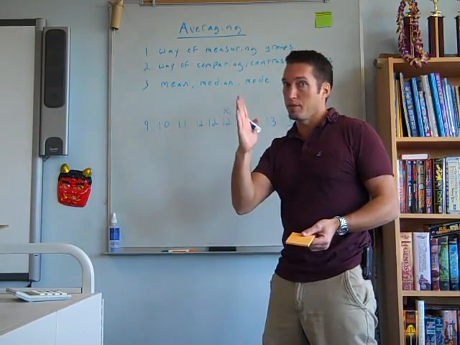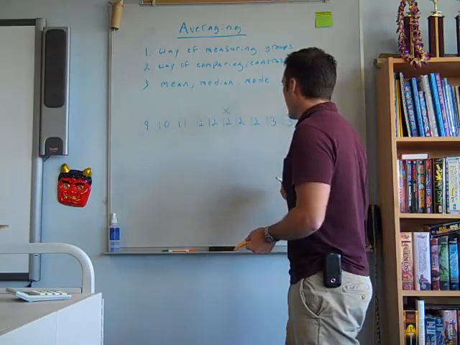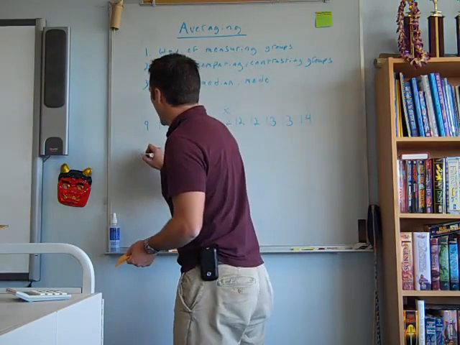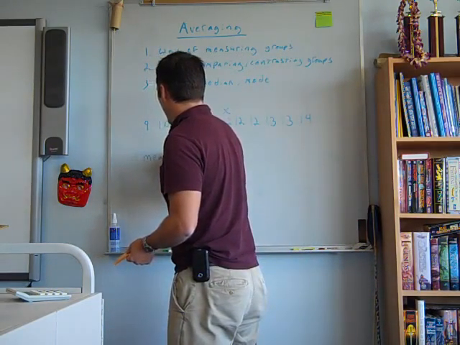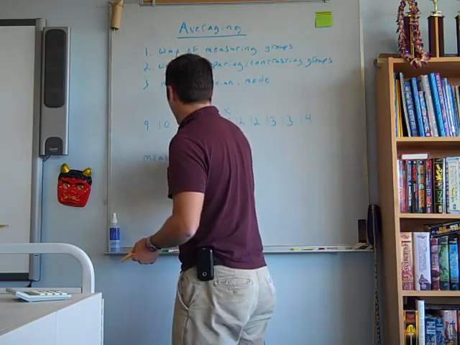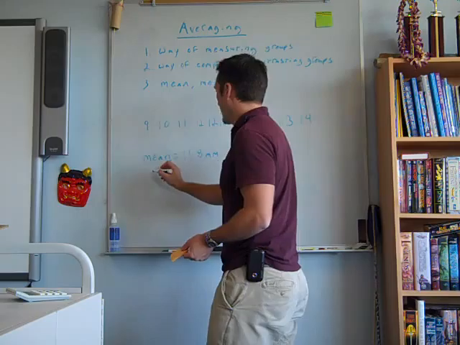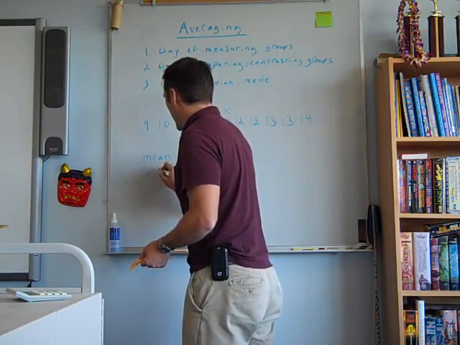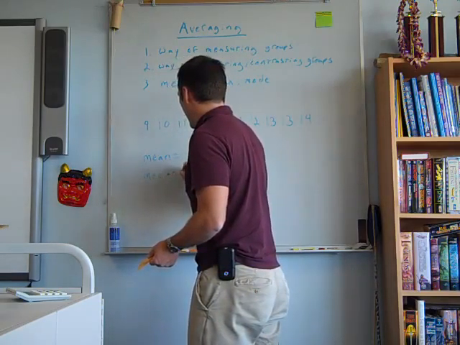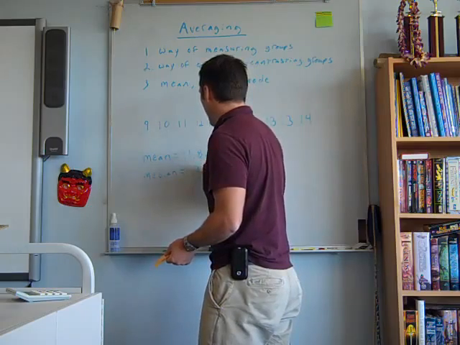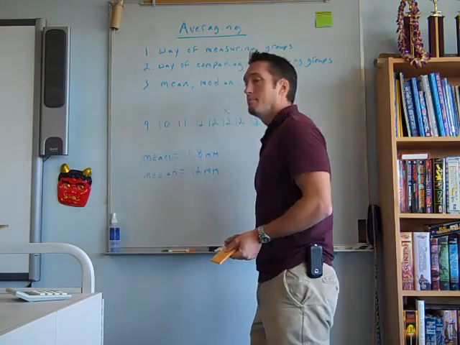That's the very middle of this group. So we have a mean over here. That was 11.8. Mean equals 11.8 millimeters. Okay, the median equals 12 millimeters.